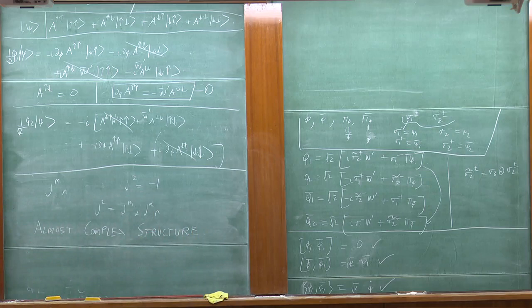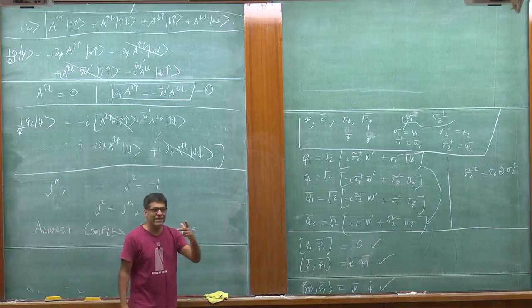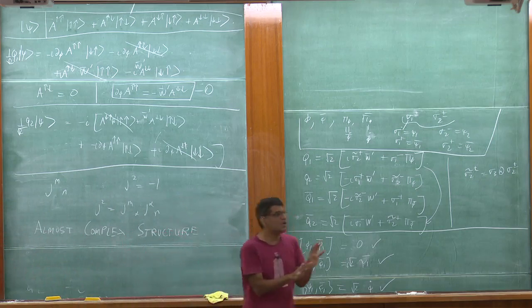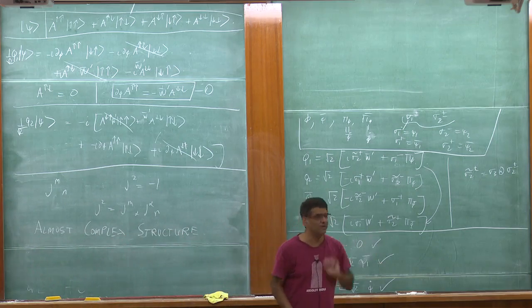Now, what turns an almost complex structure into a complex structure? First, before we start, what is the point of this J? The point of this J is to break up your tangent space into a part you're going to call holomorphic and a part you're going to call anti-holomorphic.